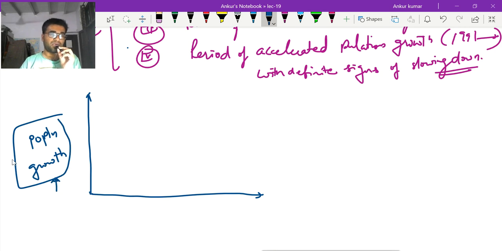One is the mortality rate, another is the fertility rate. It is affected by these two. How population growth is affected by the mortality rate and fertility rate, this relationship is given by the demographic transition theory. So first of all, let us divide this time scale into four parts.